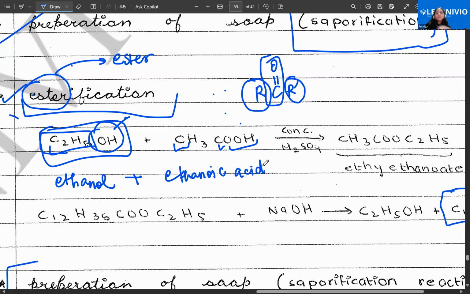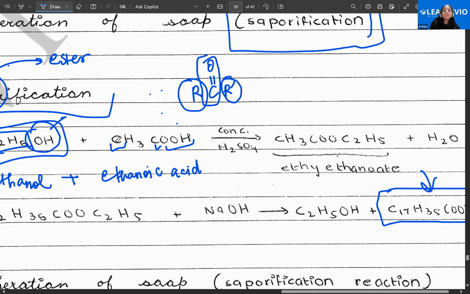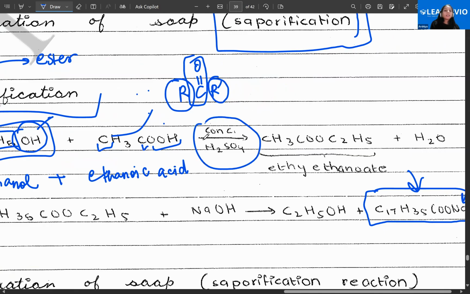These two will combine to form ester, in the presence of concentrated H2SO4. As a result, we will get ethyl ethanoate, which is basically our ester.